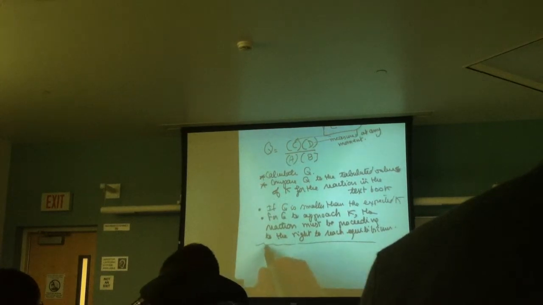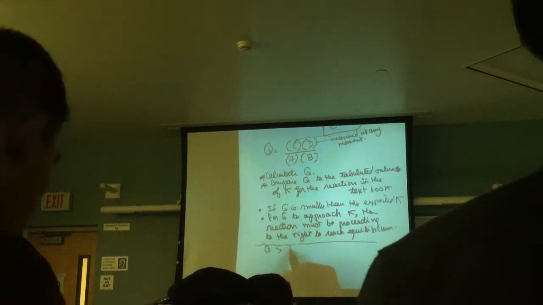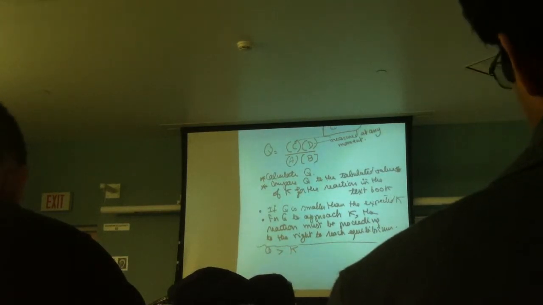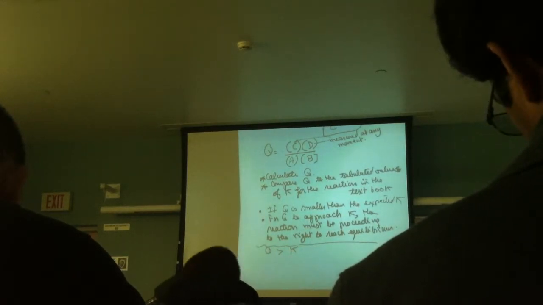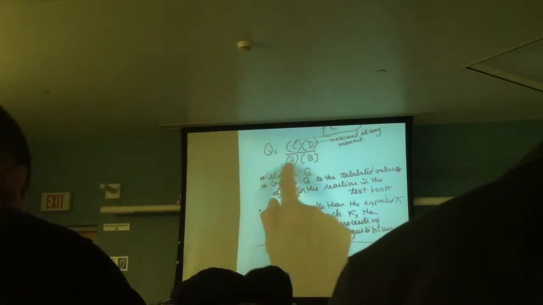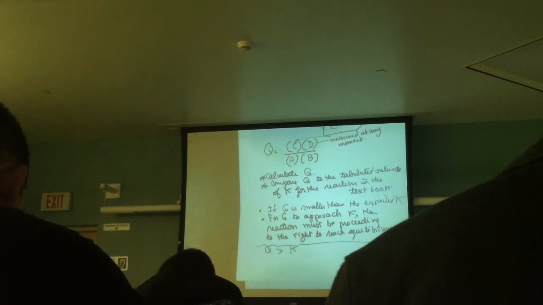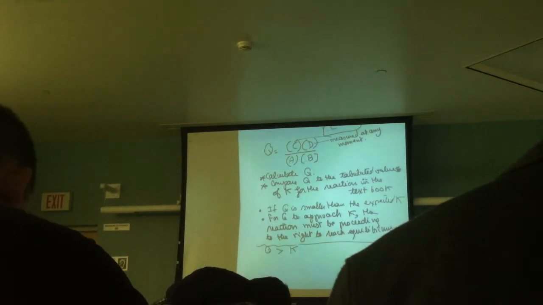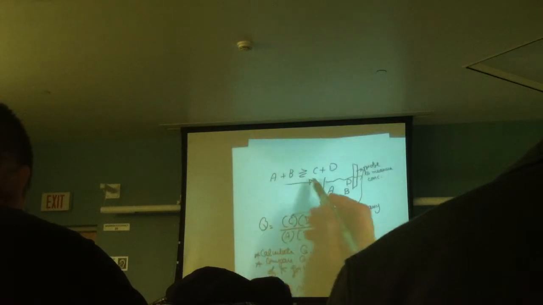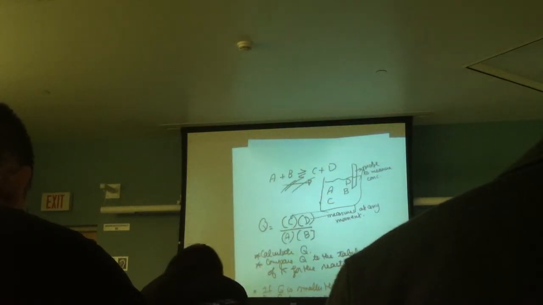Can you write another statement? If Q is larger than K, this means what? Do I have more of the top or do I have more of the bottom? More of the top. I want to get rid of that C and D. I have so much C and D. So how should the reaction be proceeding?